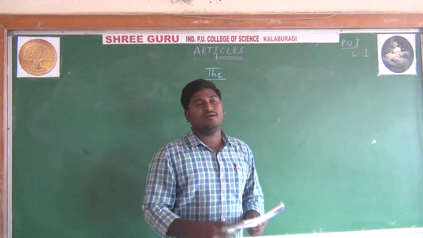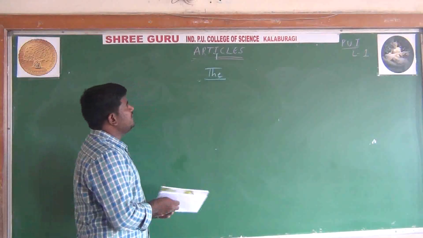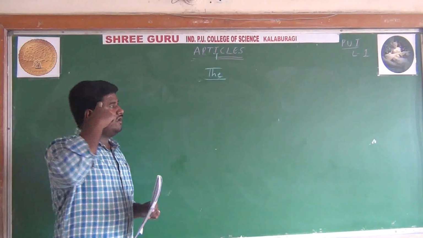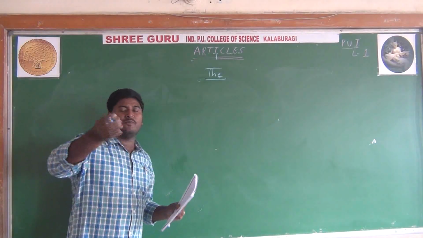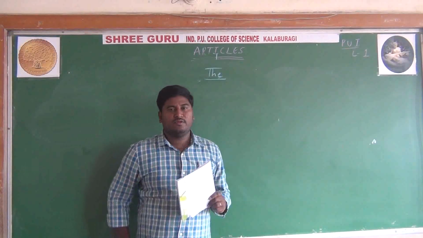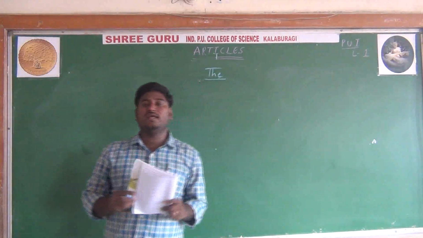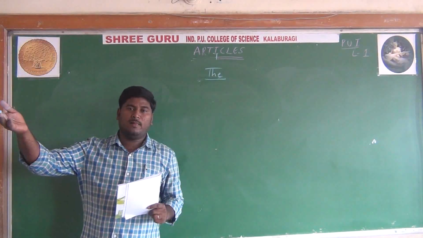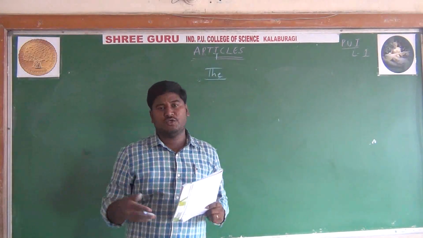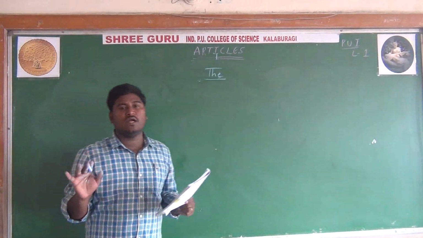So let us know where to use these words. Omission of articles means articles are not used at all before numbers, before proper nouns, before the nouns of languages. Before languages also we should not use them.